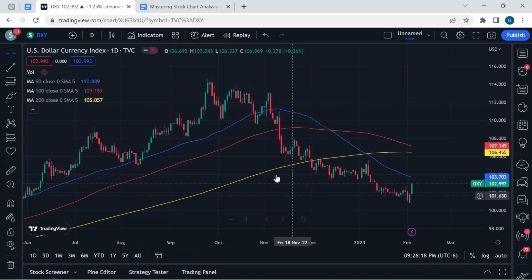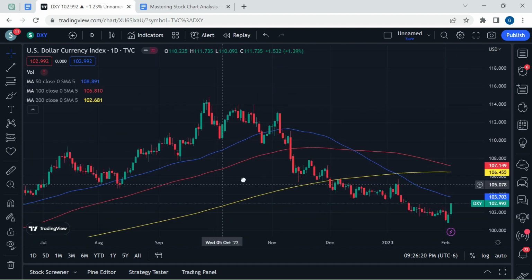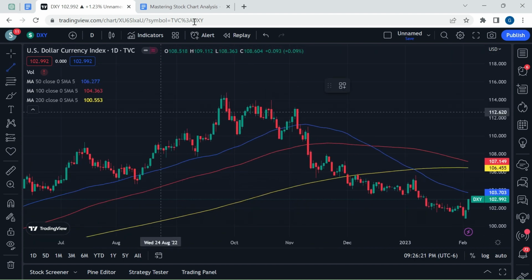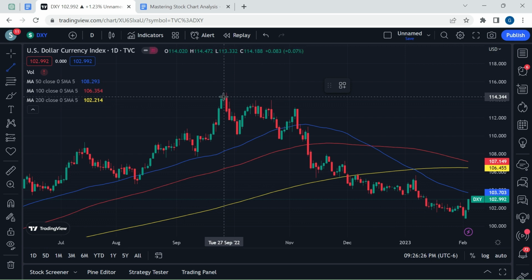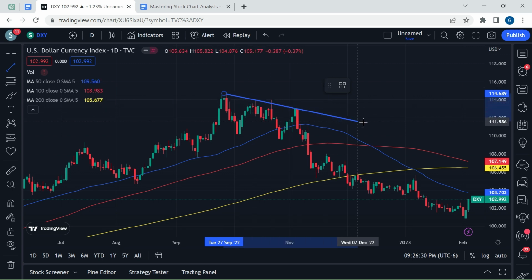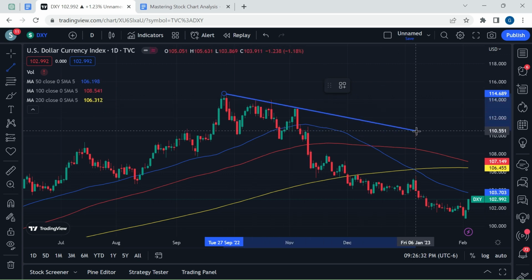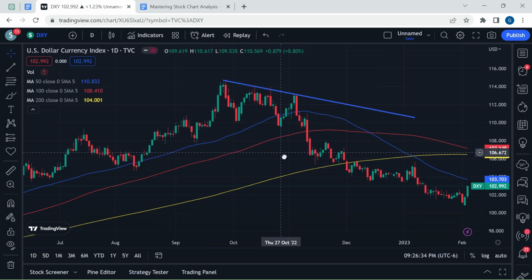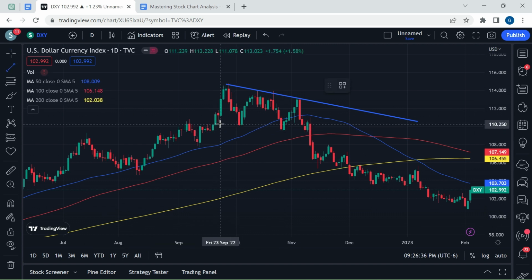So now we can use some trend lines. When you're identifying a trend, remember you want at least 2 to 3 good points that the trend line actually touches.